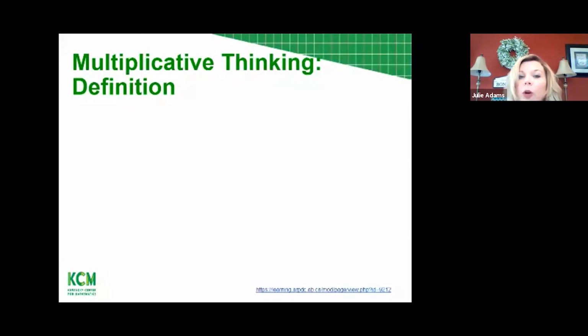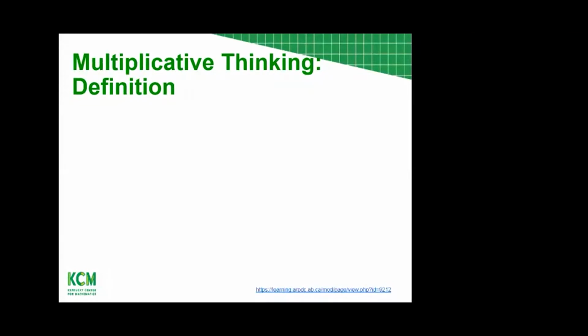Would anybody like to open up to just have a discussion about what we think multiplicative thinking is? Anybody want to unmute? For me, multiplicative thinking is being able to manipulate numbers in composite units rather than by one. Being able to see and recognize those, and then be able to manipulate by using a collection of items.